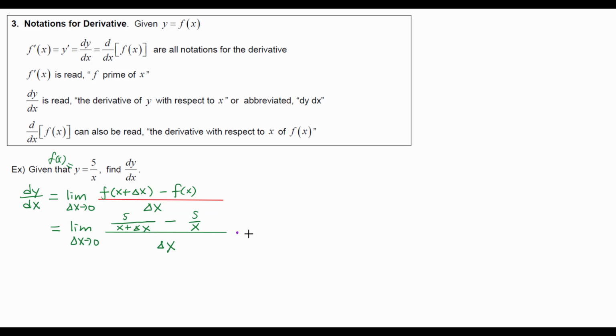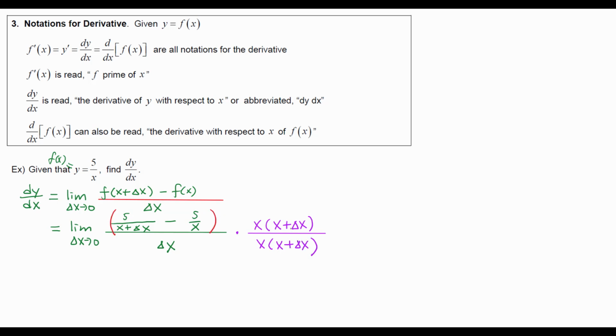So we are going to multiply by a quotient of value 1 whose numerator is the LCD of these denominators, x times quantity x plus delta x, over the same expression, x times quantity x plus delta x.